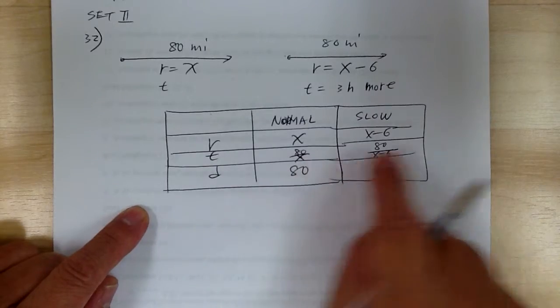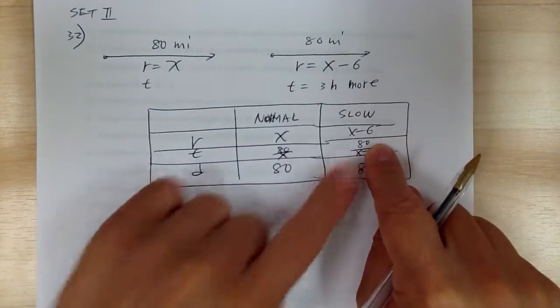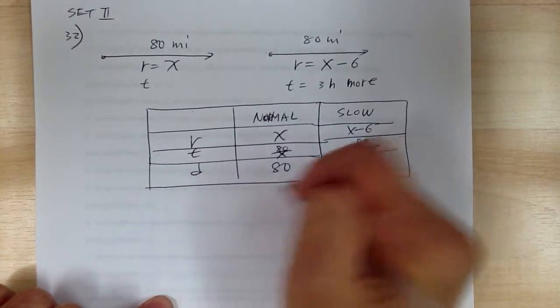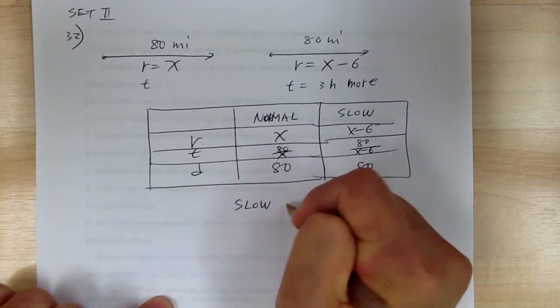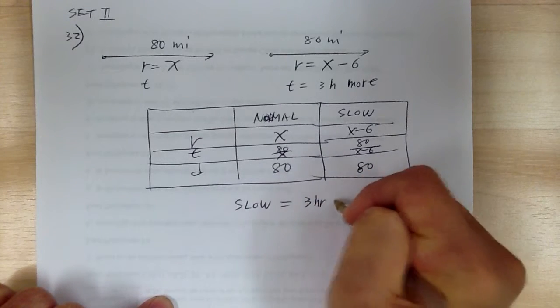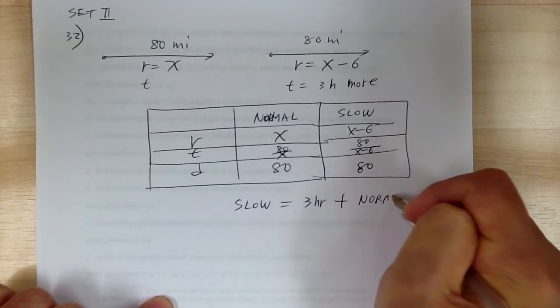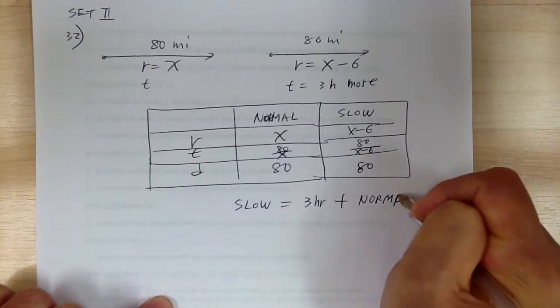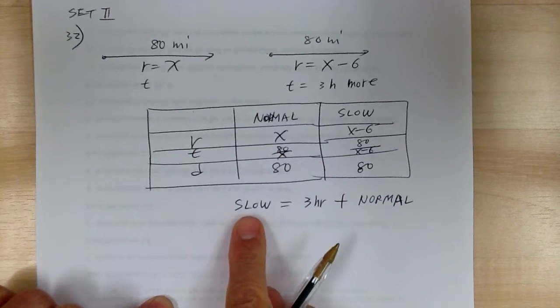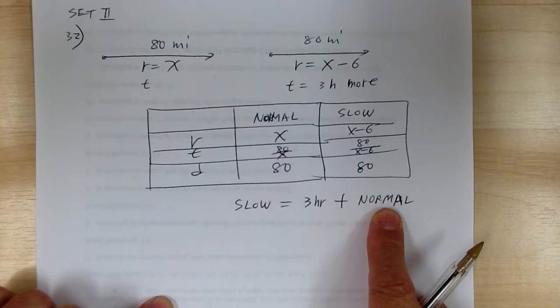Well, this time is 3 hours more than that. So the time for slow is 3 hours more than the normal. So again, the time for slow is 3 hours more than the normal speed.